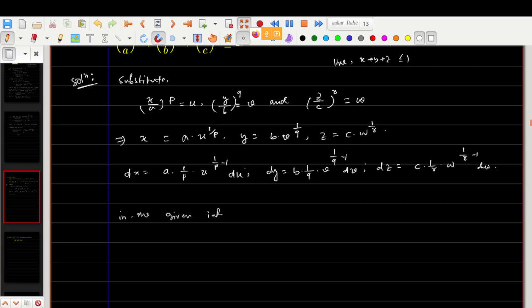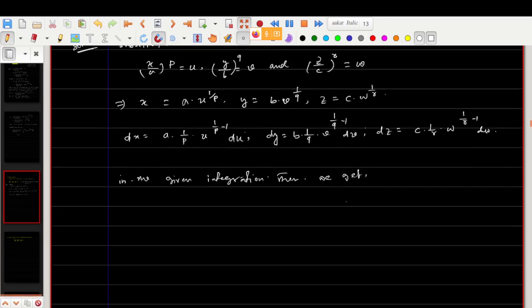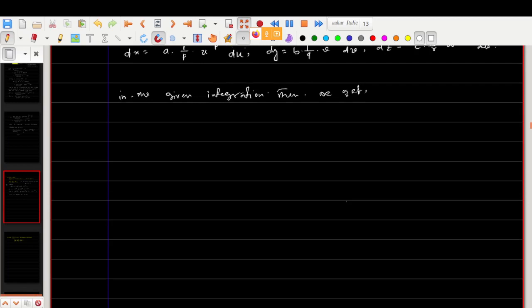So now you substitute all this in the given integration. If you put all the values, then what will you get? Triple integration of x power l minus 1, y power m minus 1, z power n minus 1 dx dy dz.